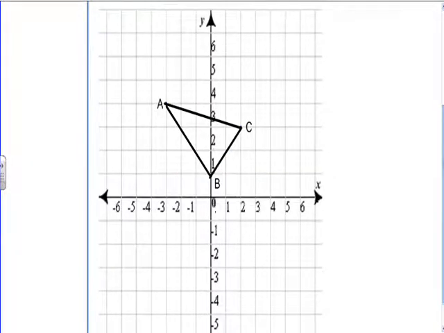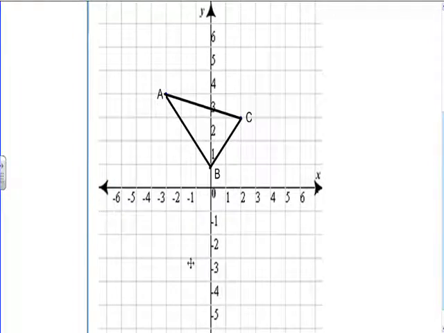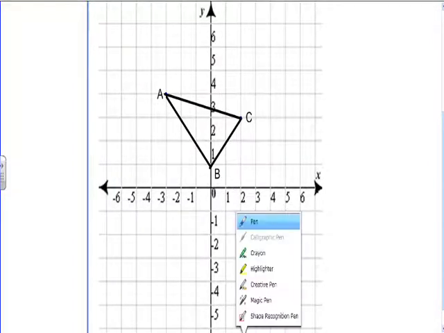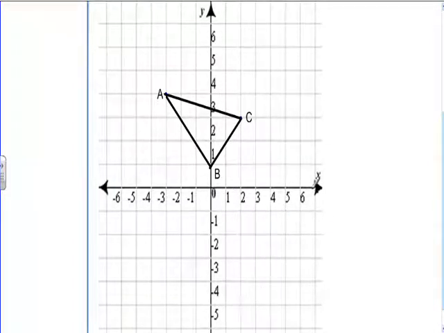So if I want to reflect these lines over the x-axis, it's as if I took my paper and folded it right along the x-axis. And if I folded my paper in half along the x-axis, where would these points line up with? Remember, the reflection line has to be the perpendicular bisector of the segment that connects a point, a pre-image, to its image.